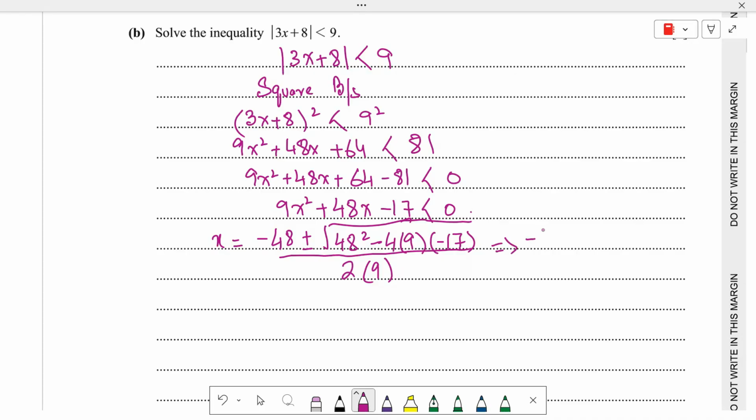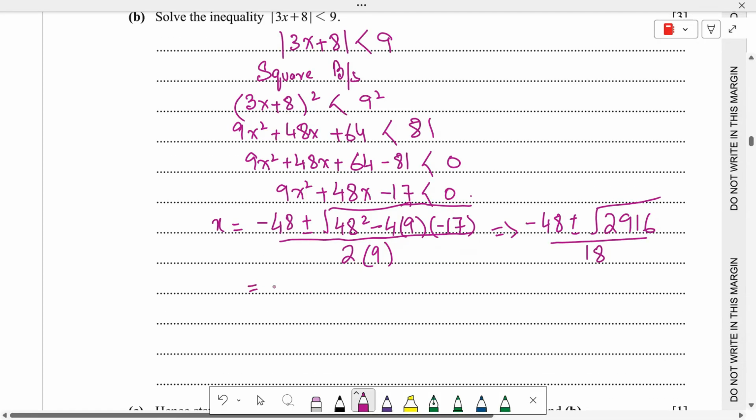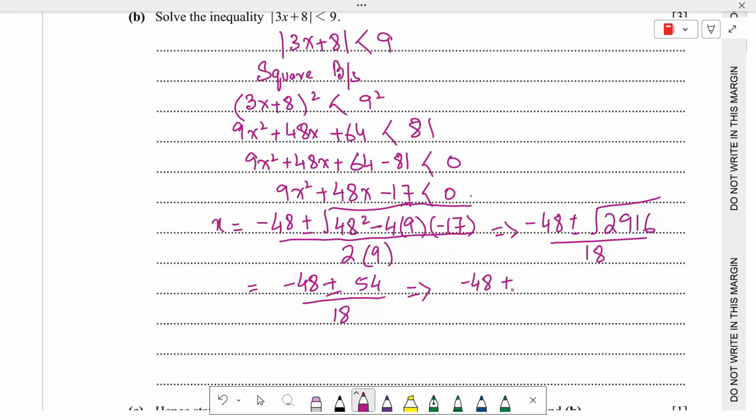And this is equal to negative 48 plus minus under root 2916 over 18. Okay, and this is equal to negative 48 plus minus 54 over 18. So one value is negative 48 plus 54 over 18, and on the other side we will have negative 48 minus 54 over 18.